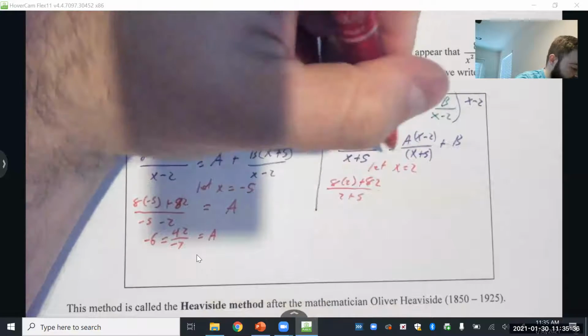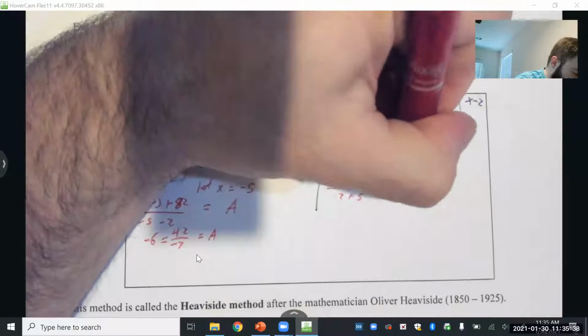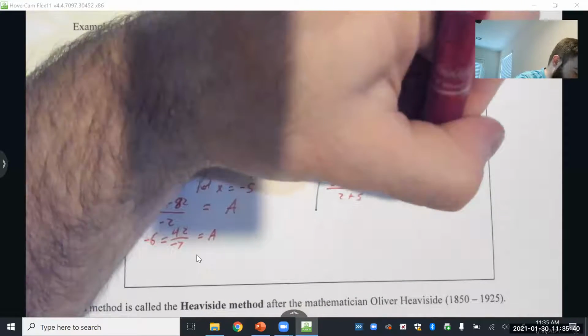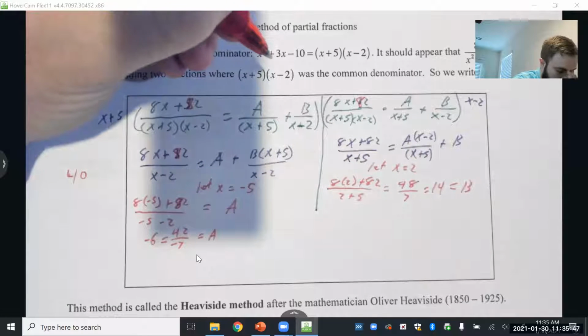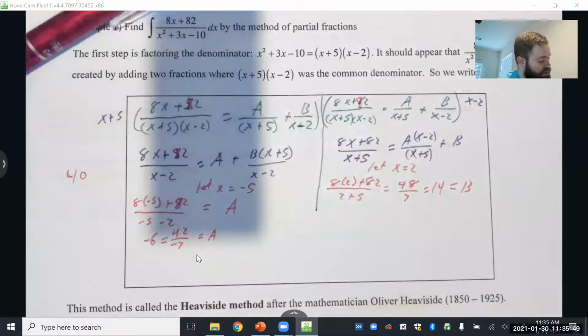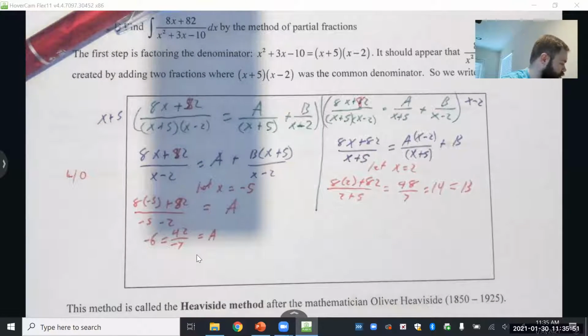So 98 over 7, which is 14, equaling B. So we have 14 for B, and we have negative 6 for A.